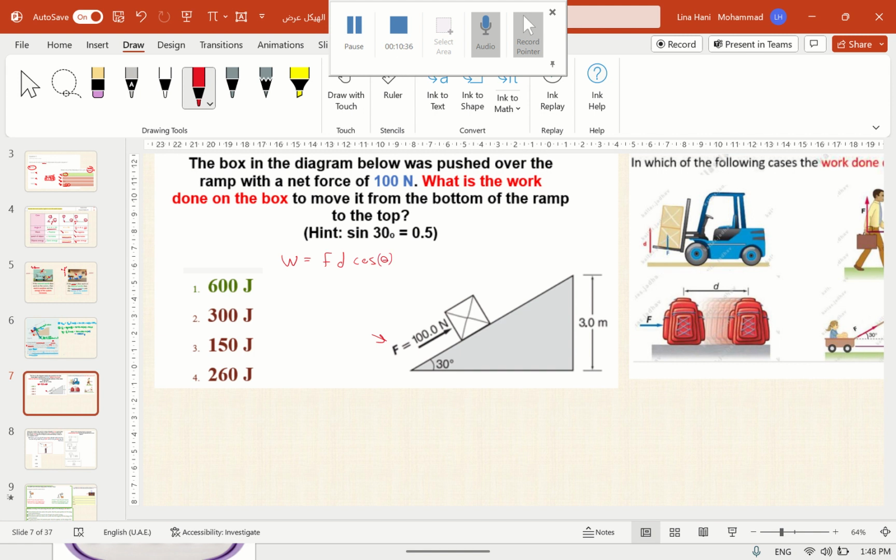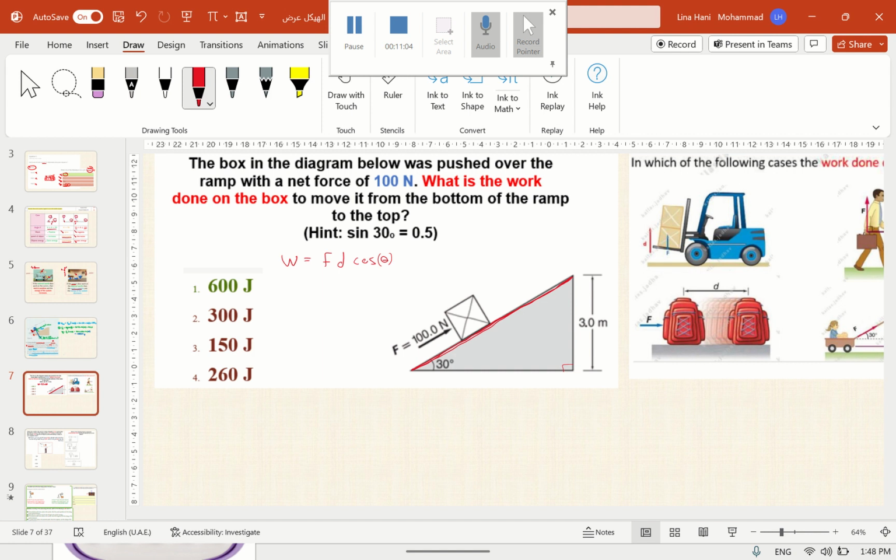So how can I find the distance traveled by the box? Now the box was here and it traveled all the way here. The distance traveled by the box is the same as the hypotenuse in this triangle. How can I find the hypotenuse of a triangle? This side of the triangle is called the hypotenuse. It's the longest side in a right angle triangle. How can I find this hypotenuse?